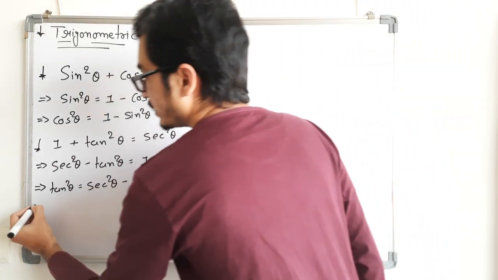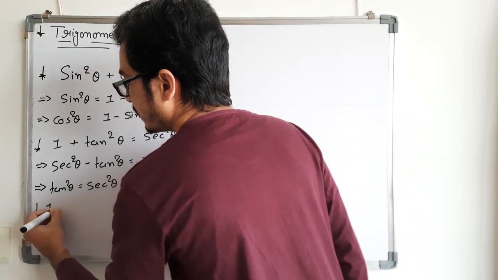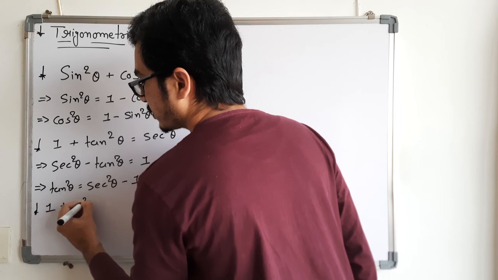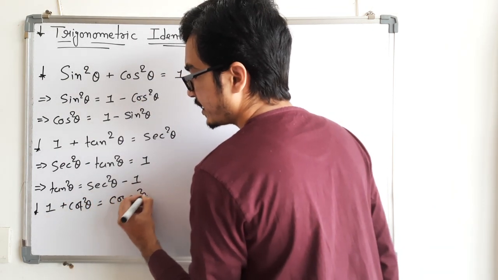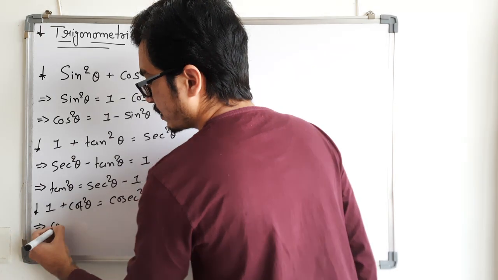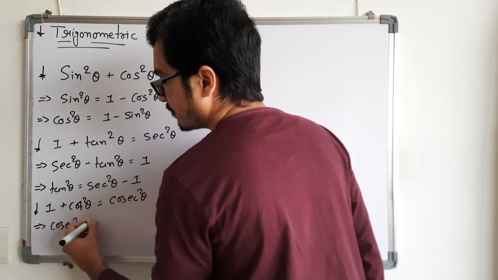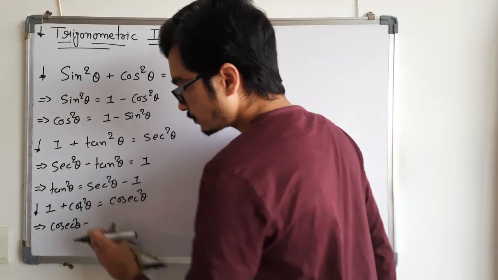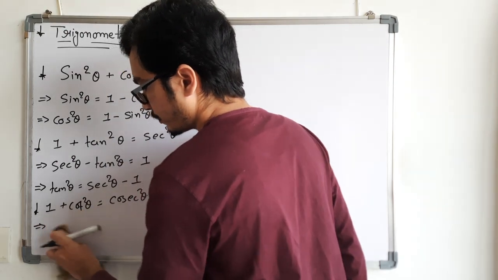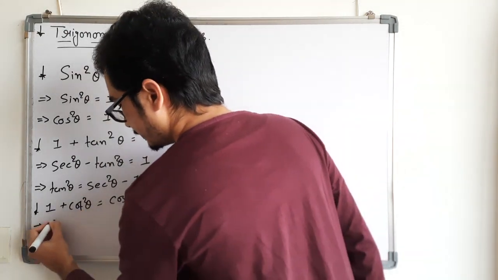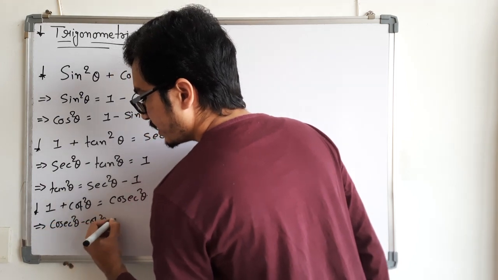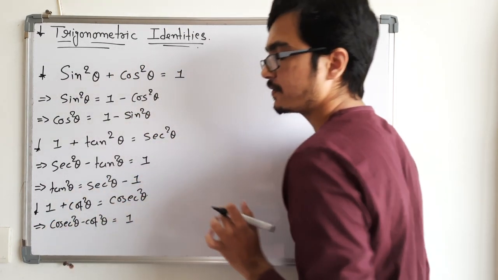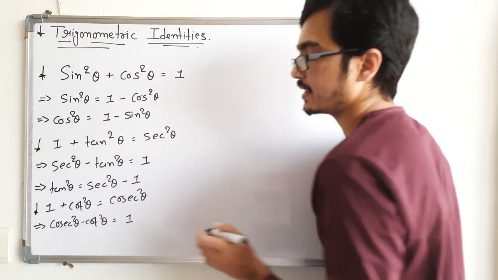Then, the same way, 1 plus cot square theta is equal to cosec square theta. So this will be cosec square theta minus cot square theta equal to 1 if I shift cot square theta to the right hand side.